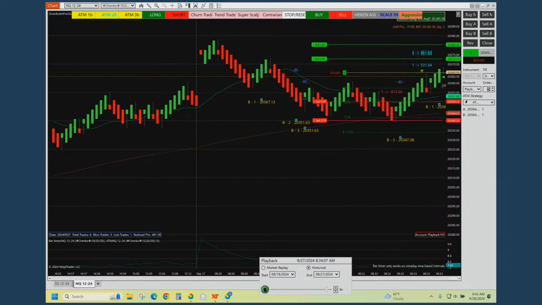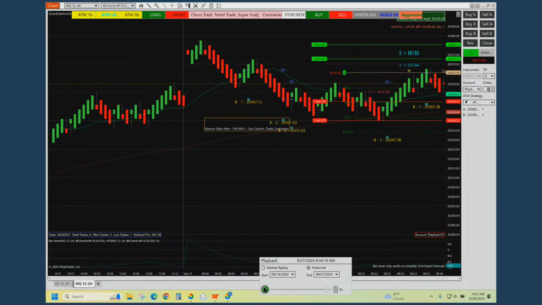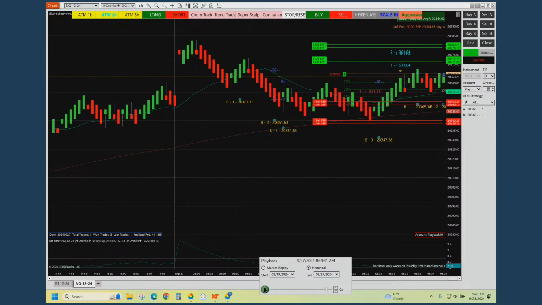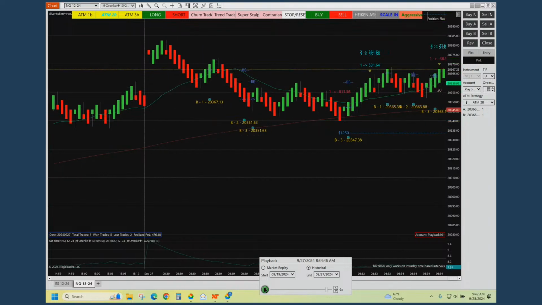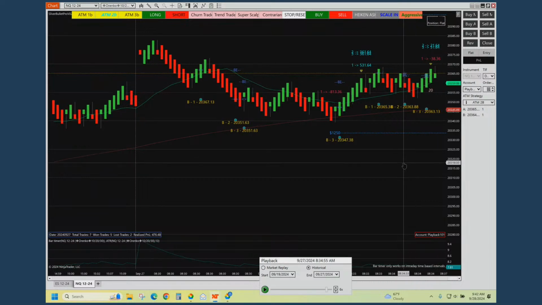Order filled. Order filled. Or target filled. So this one virtually was a scratch trade. It came out for break even. Here it made a loss of $38 in the first trade, but in the second and third trade, it made $21 and $51.